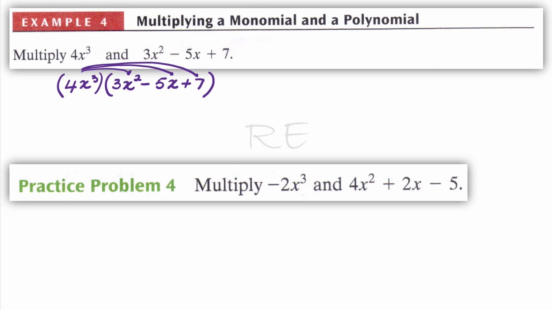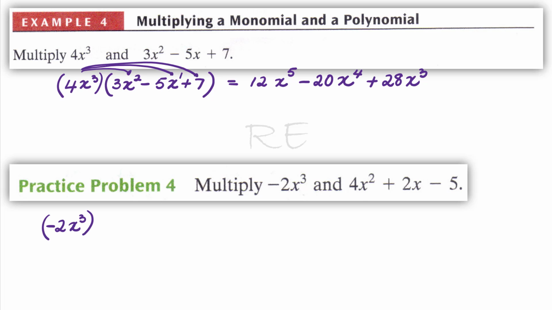We're going to use the distributive property to perform the multiplication. 4x cubed times 3x squared, 12x to the 5th. 4x cubed times negative 5x, negative 20x to the 4th, 3 plus 1. 4x cubed times 7, 28x cubed.